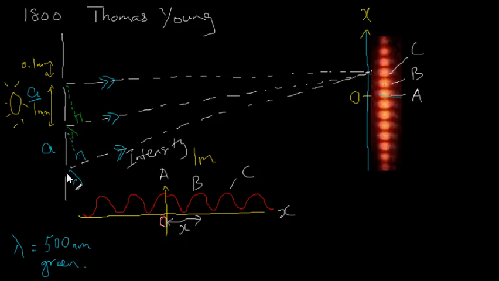But the third slit is at the same distance away and therefore has the same path difference, so a peak from the third slit will also arrive here at the same time as peaks from those other two slits.